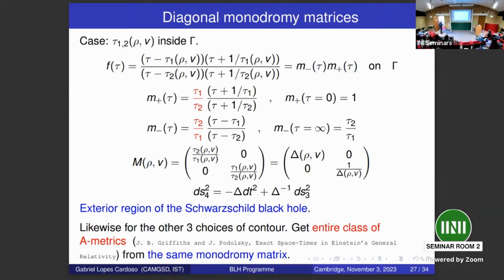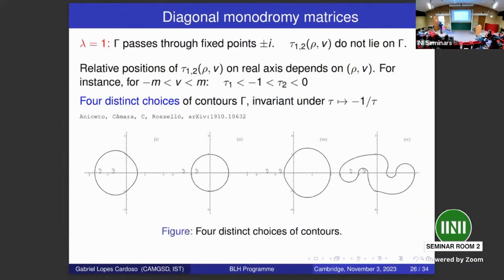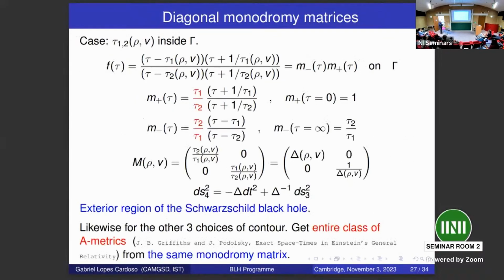Why? Because tau 1 and tau 2 are inside the contour, therefore M minus doesn't have poles. M minus, which has to be analytic and bounded outside, doesn't have poles there because tau 1 and tau 2 are on the inside, and its inverse also doesn't have poles. So that's what you pick for M minus, and the rest will be M plus. So the other two factors will be M plus.